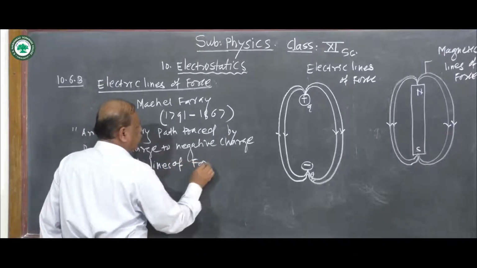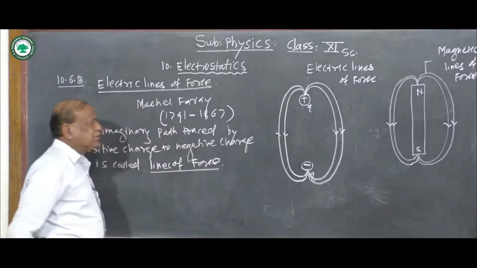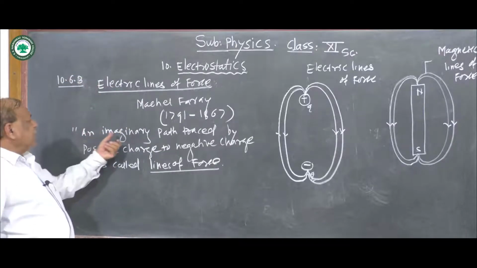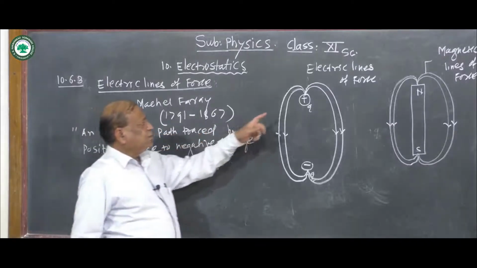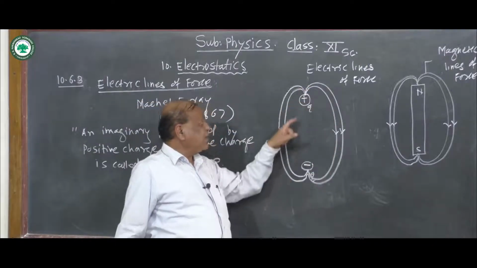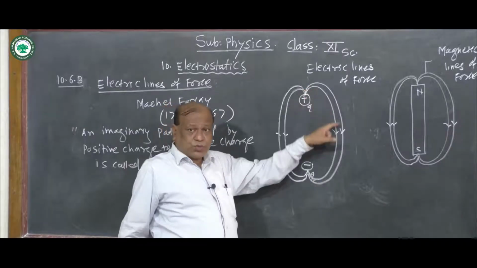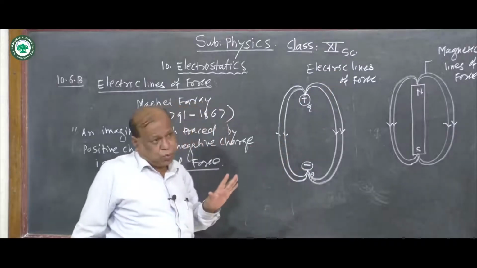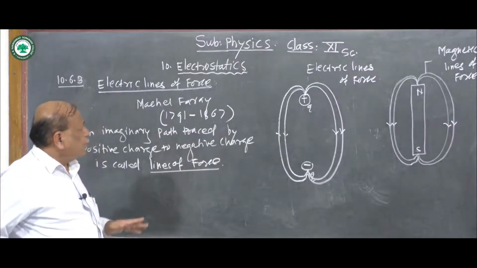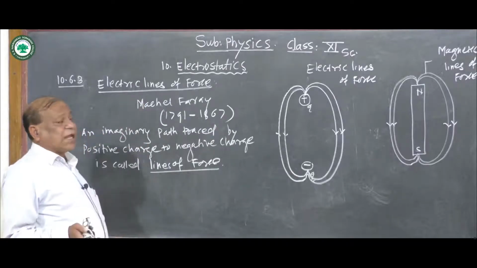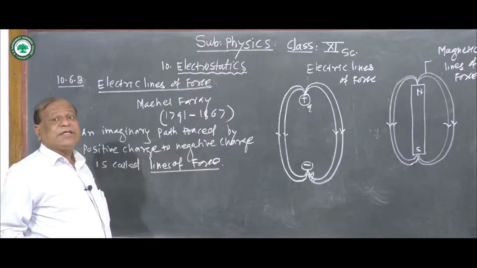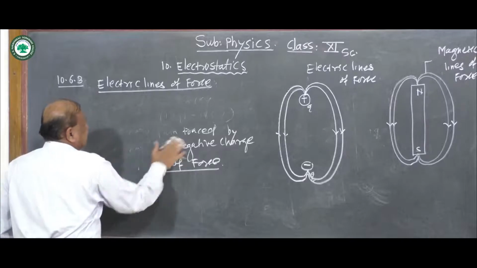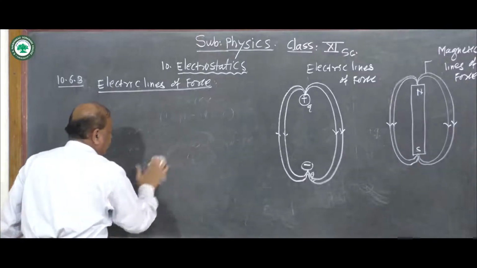This is the definition of electric lines of force: an imaginary path traced by a positive charge object to a negative charge object is called electric lines of force. And now we can see, one by one, some characteristics of these electric lines of force.